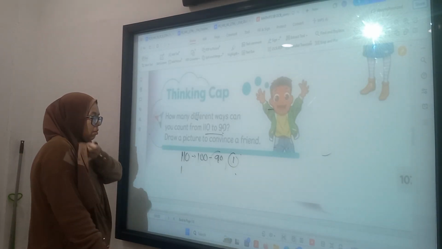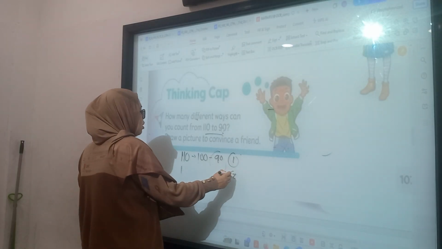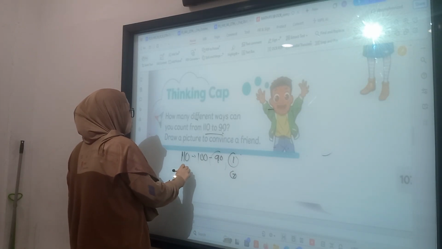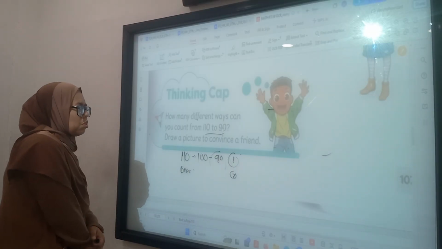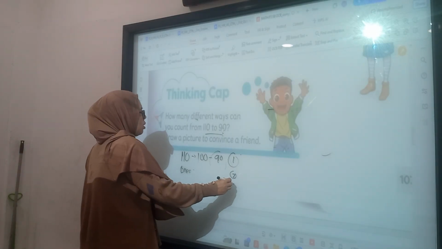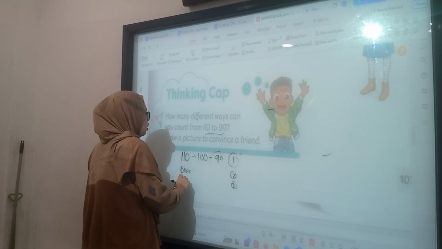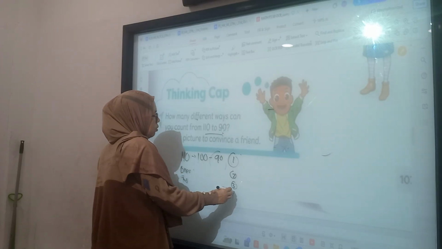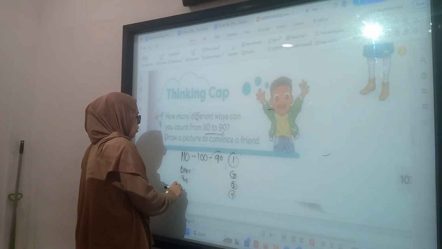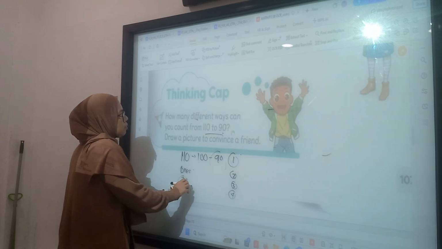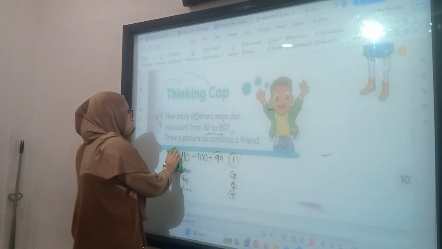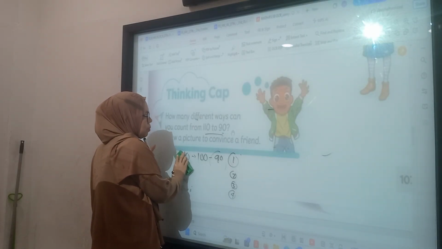The second, count in ones, and then students can count in twos, and they also can count in fives. So there are 4 ways to count from 100 to 90.